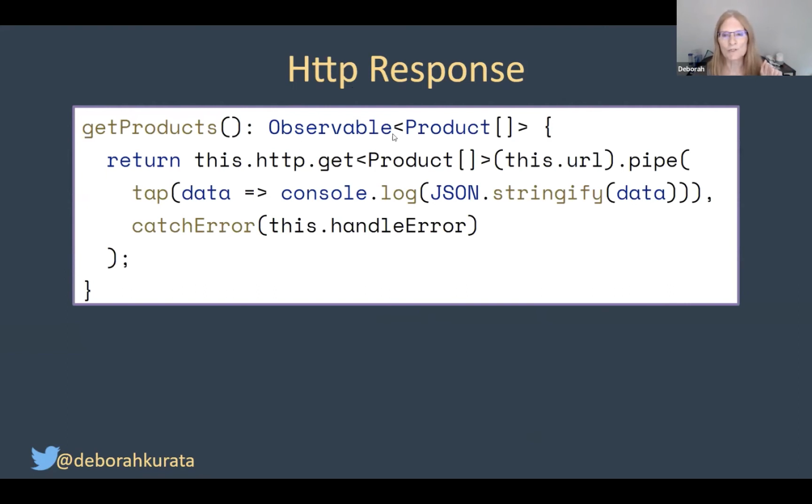It's going to return an observable that emits a product array. And that's what this generic argument is telling you. So we're going to issue the HTTP GET, and it's going to give us back a response. That response is going to be shaped like an array of product items, and then our observable will emit that to any subscribers who subscribe to that.